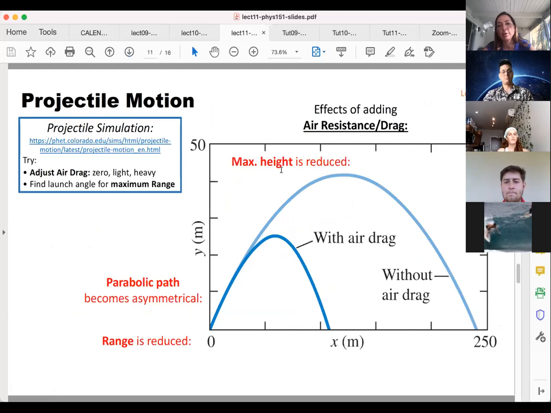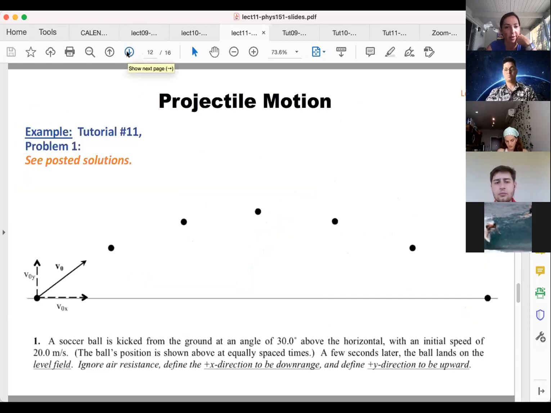In all these things, we are considering that there is no air resistance, so the resistance is 0 and the acceleration is always constant. The acceleration is either 0 all the time, or minus g. But of course, if you have the resistance of the air, the maximum height is reduced, and also the range will be reduced. This is understandable.